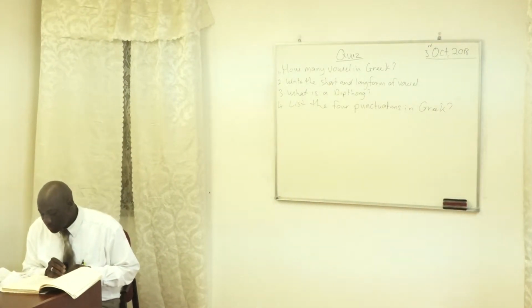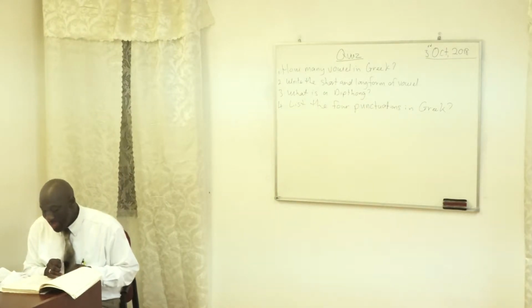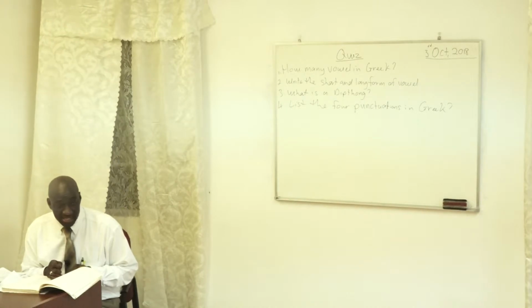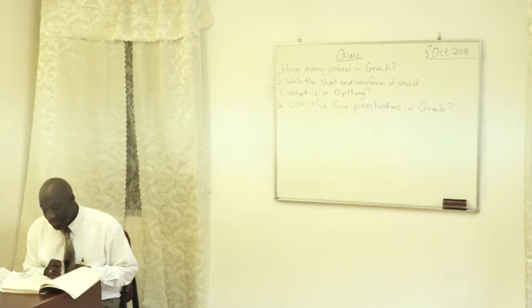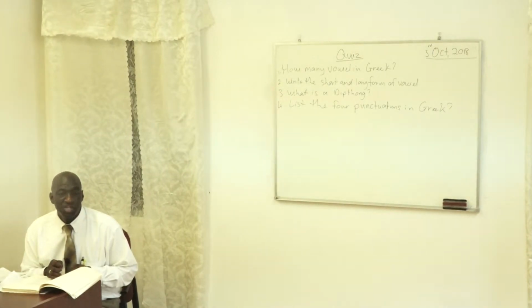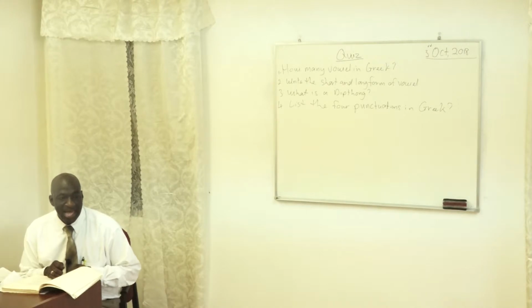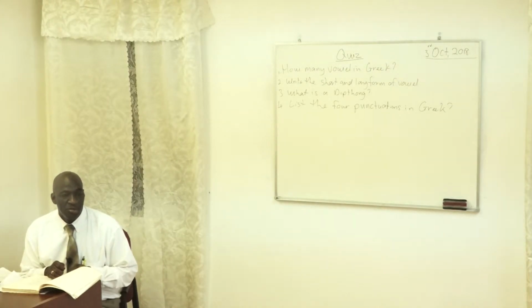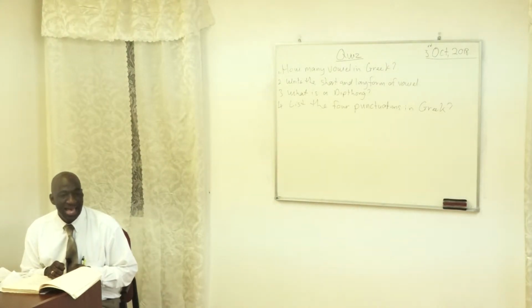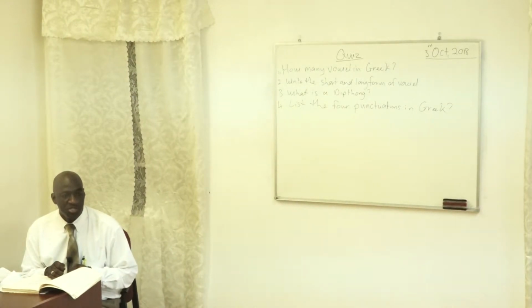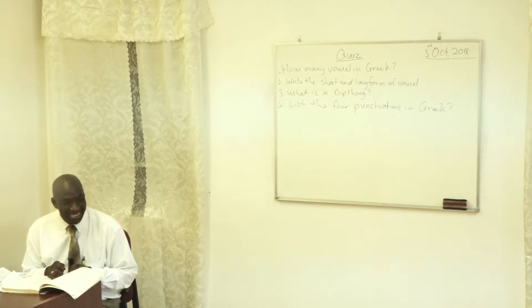Nouns are the names of persons, places, or things. All nouns have gender. There's the masculine gender, the feminine gender, or the neuter gender. Some of you may wonder why I refer to male deacon and female deacon and you don't hear me use the word deaconess.